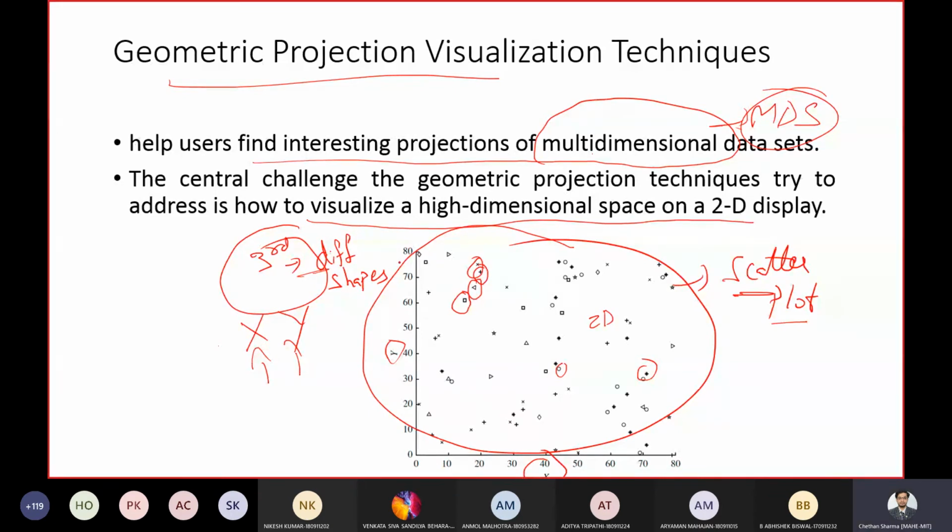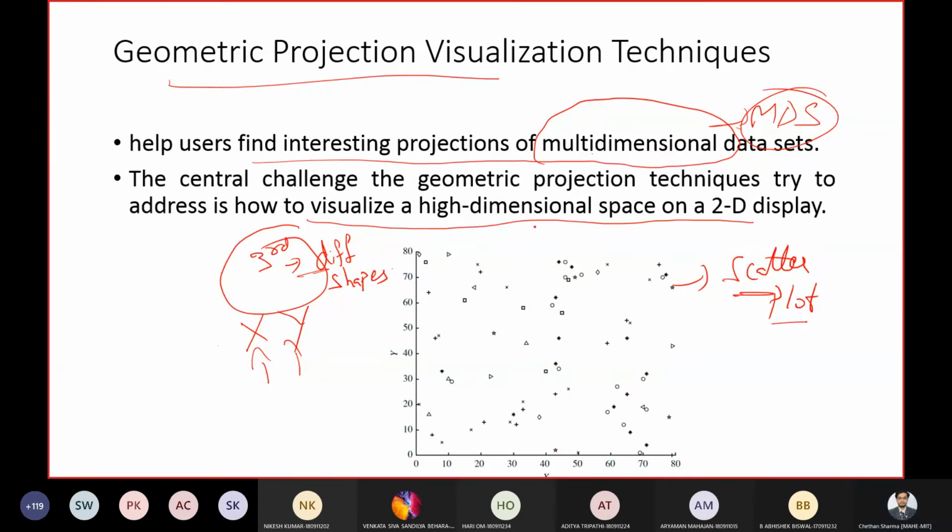Based on whatever is there on the screen, one observation you can make is, in most of the cases, this plus and cross are co-located. This plus might represent something in the data, and this cross might represent some other item in the data. So in most of the cases, these two items coexist.